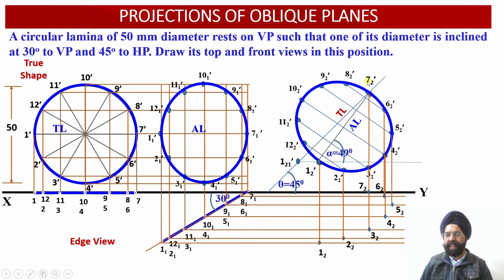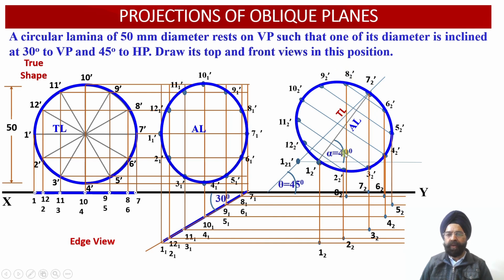And next, this is the vertical projector from 7 2 dash, which we have drawn. Now here is the horizontal projector from point 7 1. Wherever this vertical projector and this horizontal projector intersect, we obtain the point 7 2 over here. Next, we have the vertical projector from 8 2 dash.